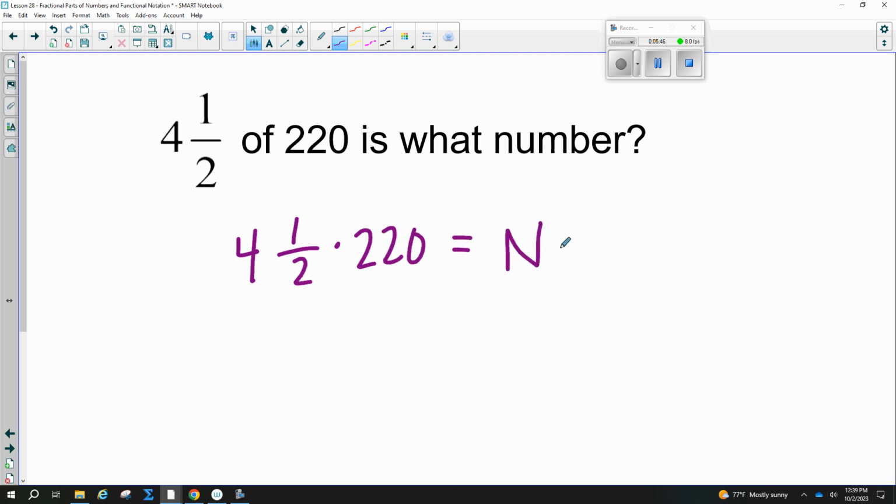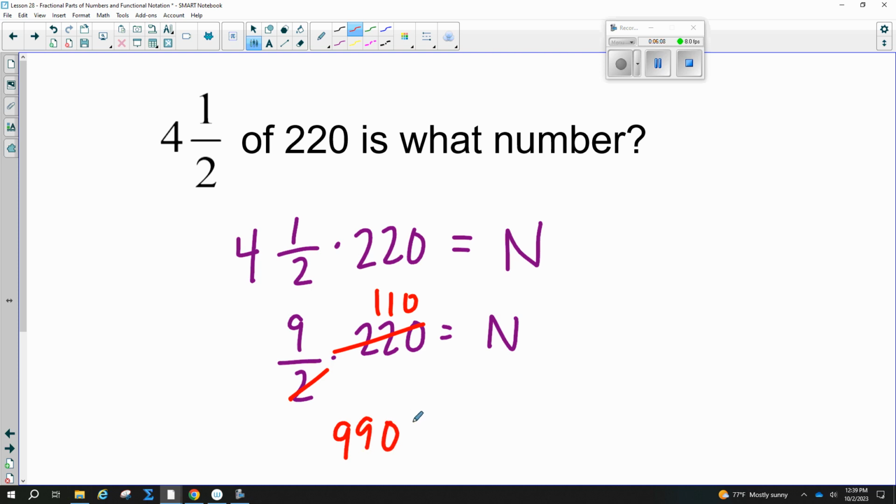Notice the variable is already by itself, so you're just doing the math on the left-hand side. I would make this improper first: 8 plus 1 is 9, so 9/2 times 220. I would divide the 2 into the 220 first. It goes in 110, then multiply by 9, and we get 990 for our number.